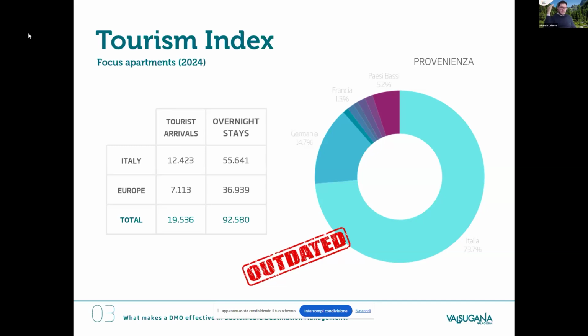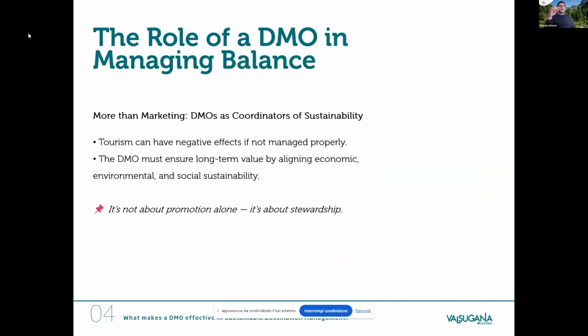This is outdated because presence and arrivals do not explain tourism in a destination, in particular if we consider sustainability and respect for the environment and residents. The role of the DMO is not future but present: it is managing balance.